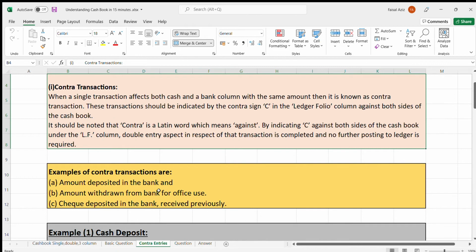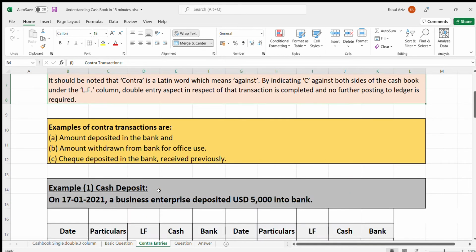Viewers, it should be noted that contra is a Latin word which means against. So by indicating capital C against both sides of the cash book under the ledger folio column, the double entry aspect in respect of that transaction is completed and no further posting to ledger is required.